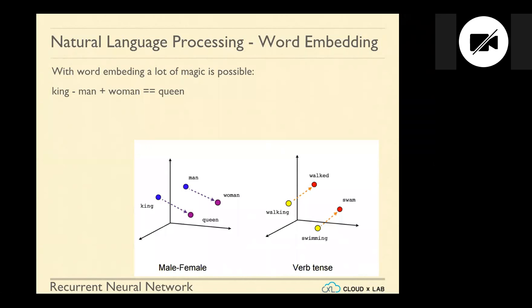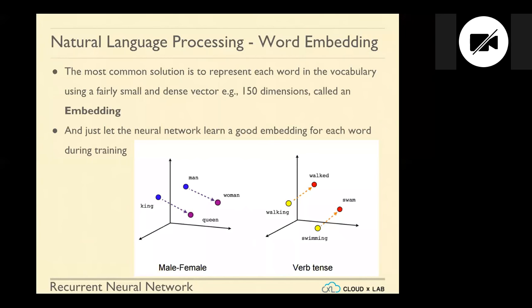So what are these word embeddings? Somebody else has already created word embeddings, say GloVe vectors or Gensim, for all of the words, and it's a huge data set.